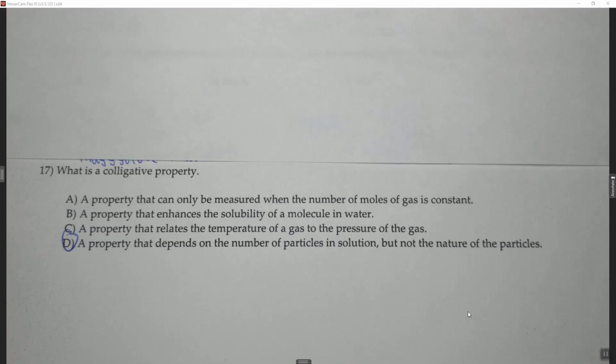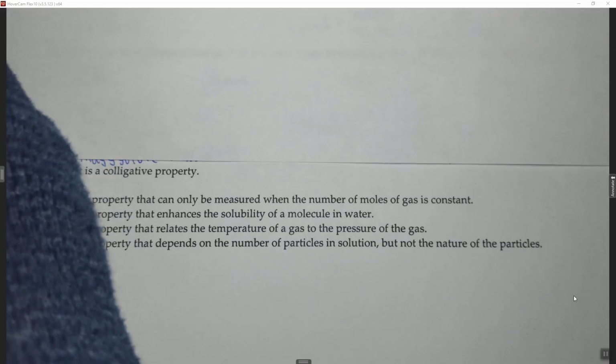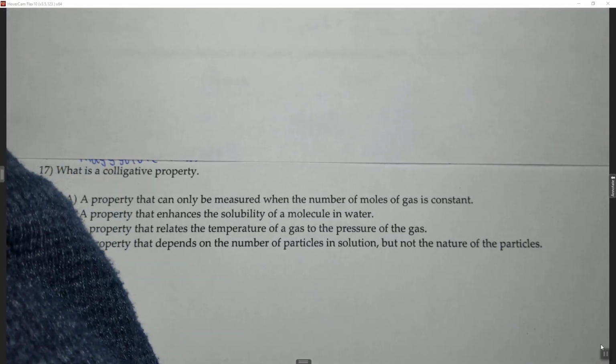But the actual identity of the particles, and even whether they're covalent or ionic, doesn't make a difference. It's only the amount or number of particles in solution, but not the nature of the particles. That's just a definition you should remember for this chapter about colligative properties.